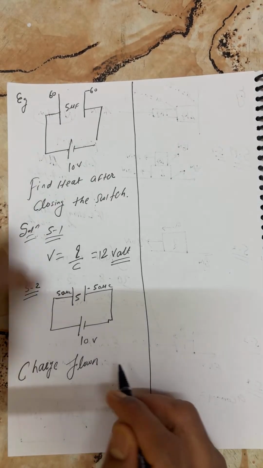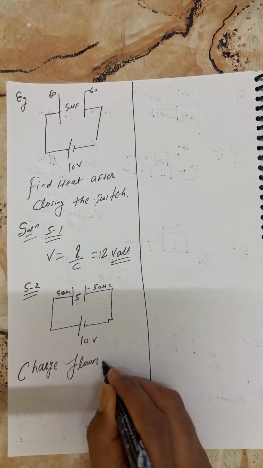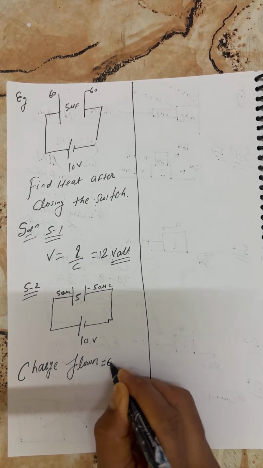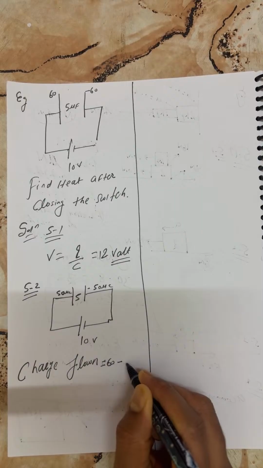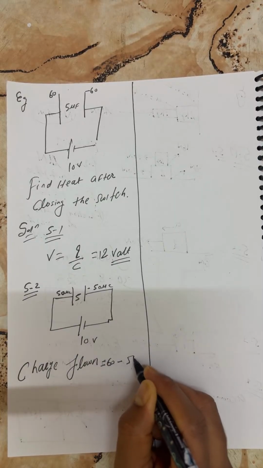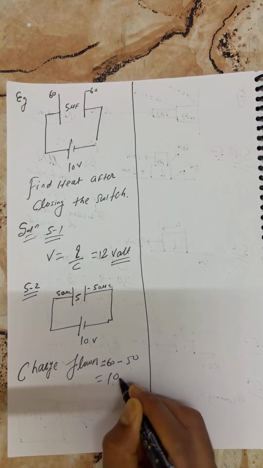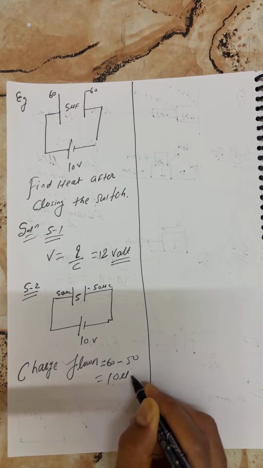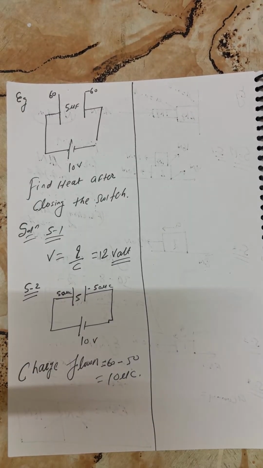Charge decreases, initial minus final. The initial charge is 60 minus 50, so this is 10 microcoulomb.